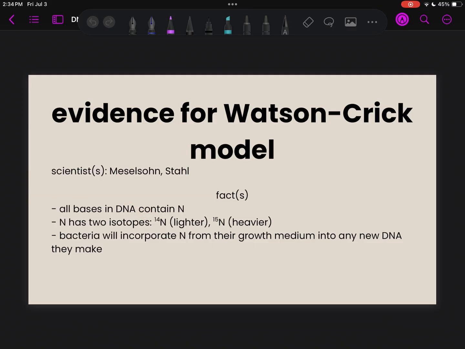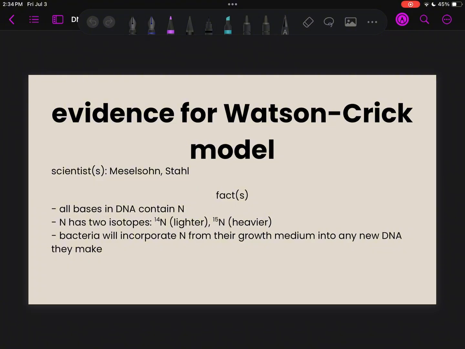And here are some key facts to know about the evidence used to justify the semi-conservative model. All bases in DNA contain nitrogen, as they are called nitrogenous bases. Nitrogen has two isotopes. If you do A-level chemistry, you know about isotopes. But for A-level biologists, I would just say it's not a direct comparison, so don't come for me for this, but just consider it like isomers.